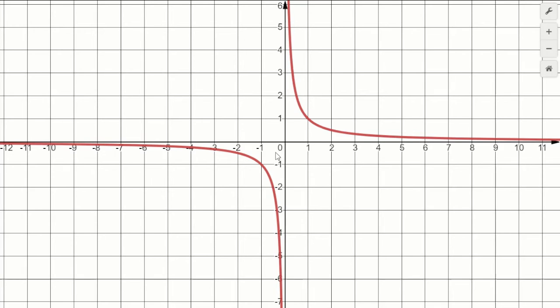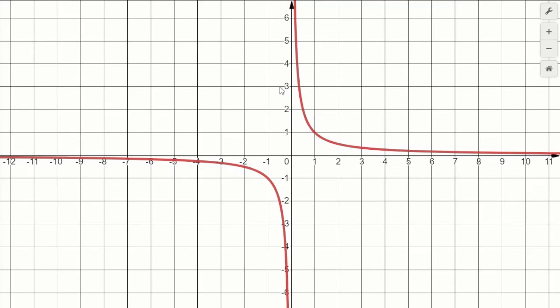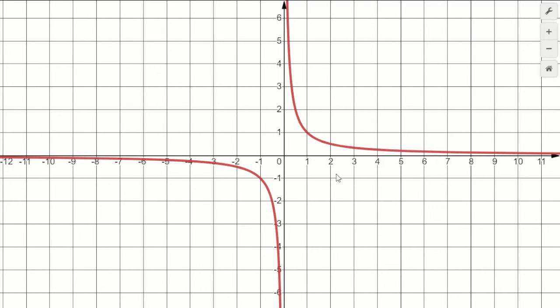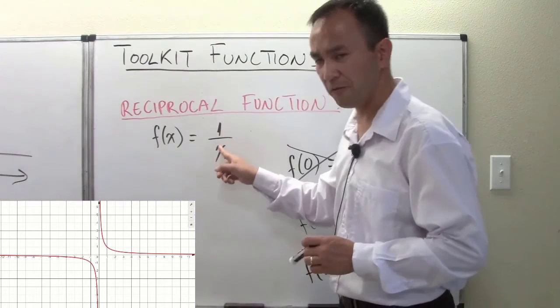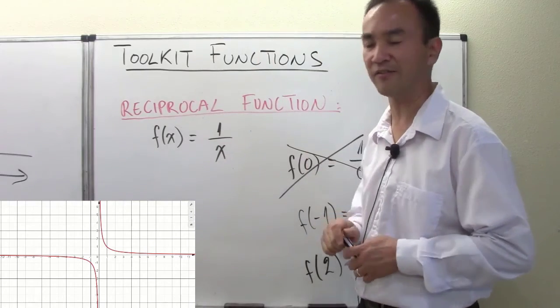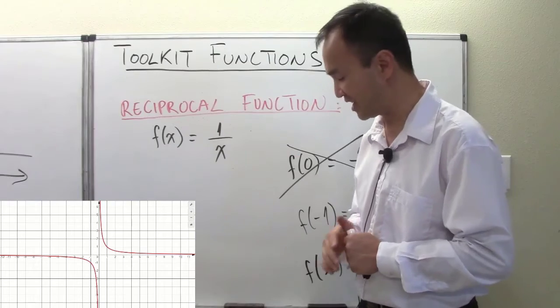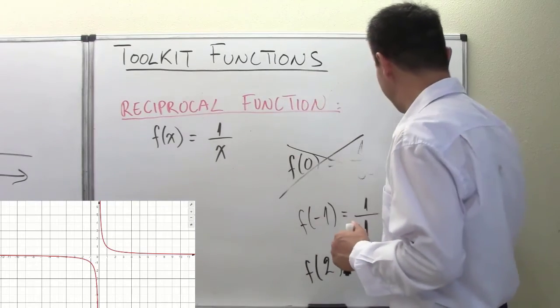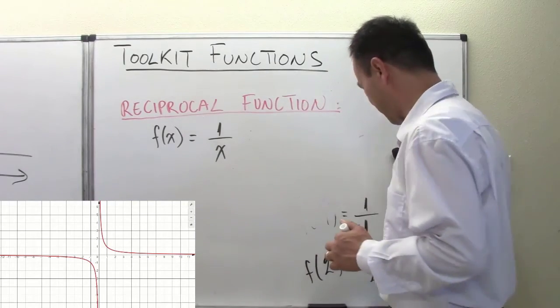We will get to that later. This vertical line right here, x equals 0, the y-axis, is called a vertical asymptote. And this horizontal x-axis right here is called a horizontal asymptote. So the 1 over x function, this reciprocal function, has two asymptotes. There's a vertical asymptote, as you're seeing on the graph, and there's a horizontal asymptote. And later on, we will come back and investigate this even further.